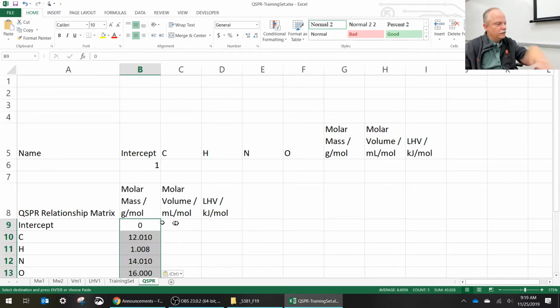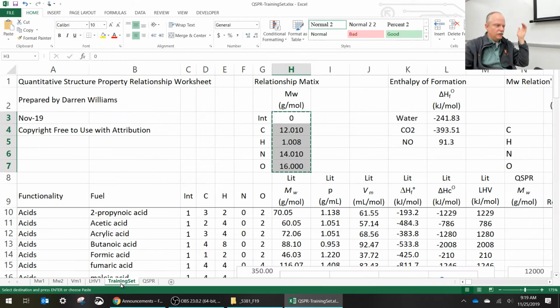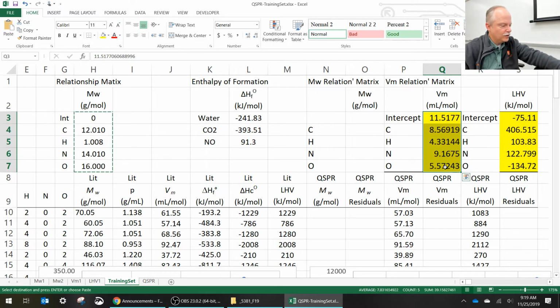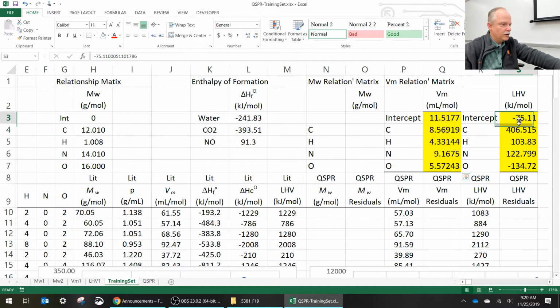Control V. And then to do the same thing for the molar volume, we come over and get that relationship matrix. We could get it out of our ANOVAs too, our regression analyses. I don't like the highlighting right now. Just let me get rid of that. Okay, and then let's do the last one, the lower heating value.